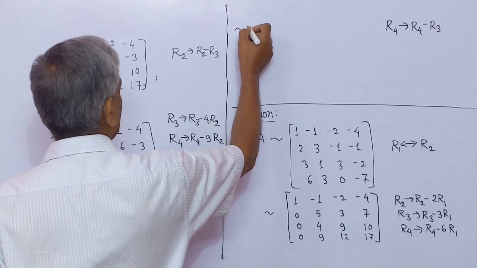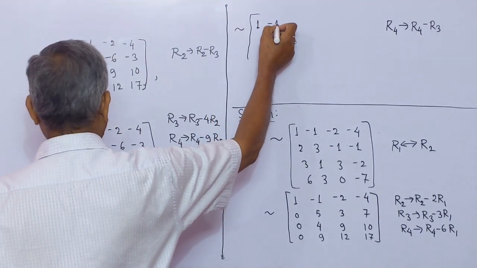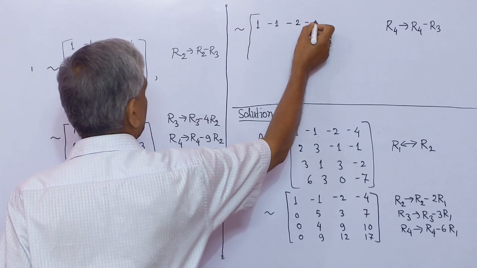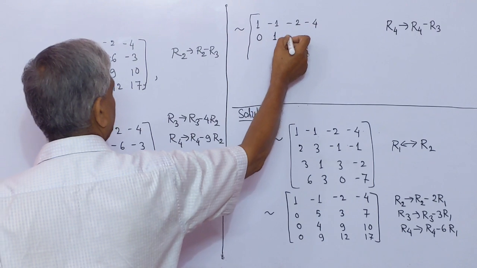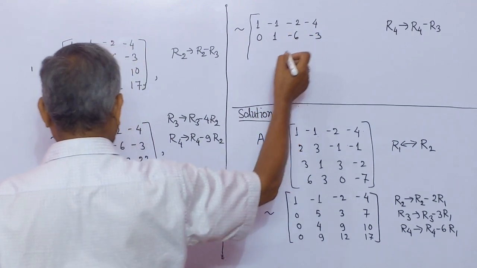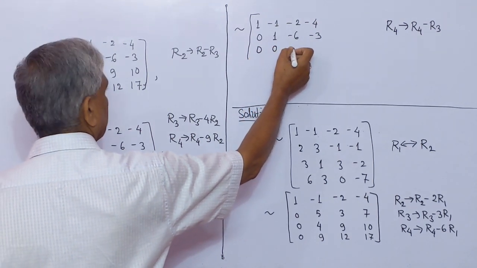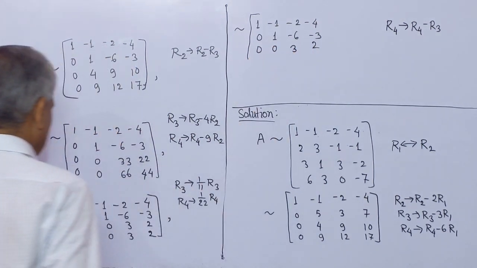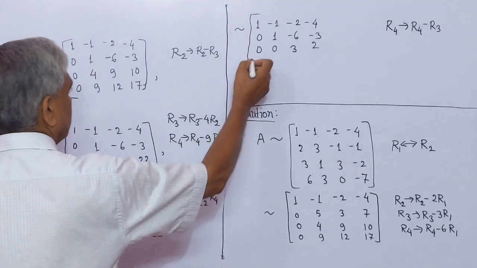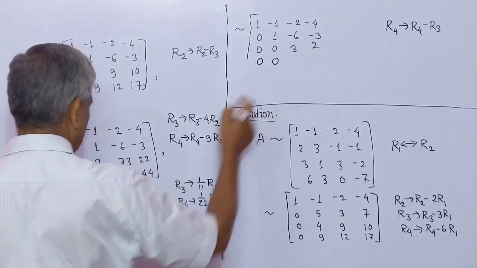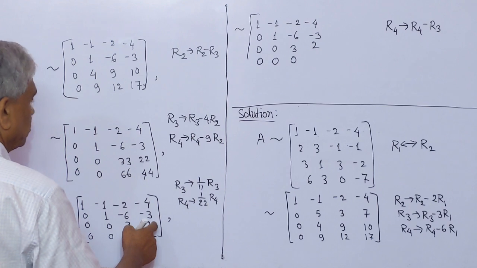We write the first row the same, 1 minus 1 minus 2 minus 4. Second row the same, 0 1 minus 6 minus 3. Third row the same, 0 0 3 2. Here the fourth row minus the third row, we write 0 0, here 3 minus 3, 0, here 2 minus 2, 0.